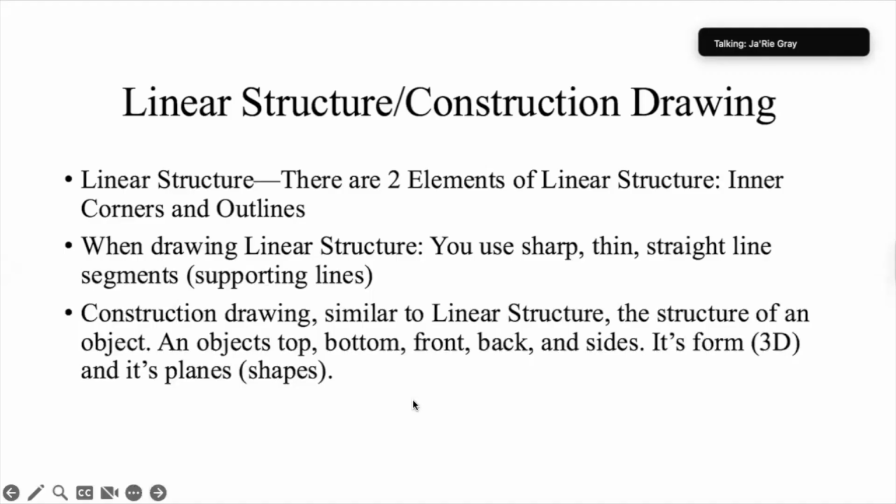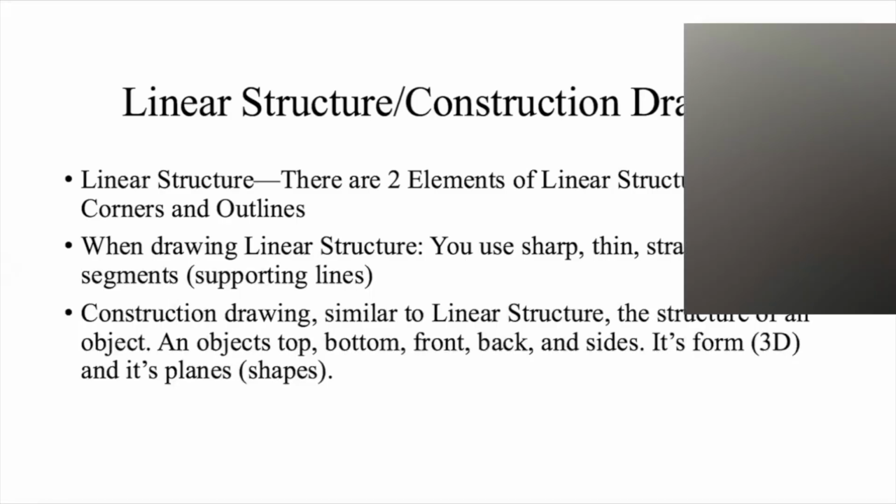Construction drawing, similar to linear structure, is the structure of an object and the object's top, bottom, and side. Its form, which is 3D, and its planes, which is shape. We did this last time with taking the planes off, kind of. So once again, we need line to create shape, and we need shape to create form.